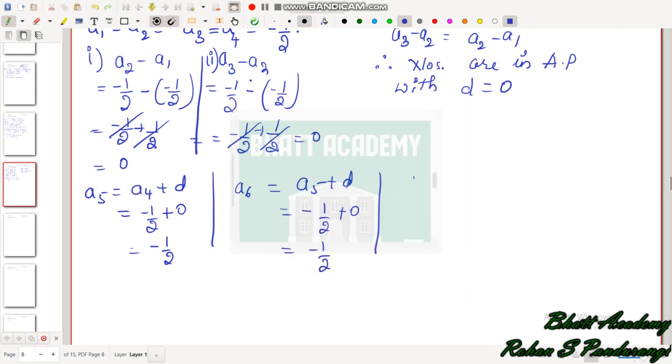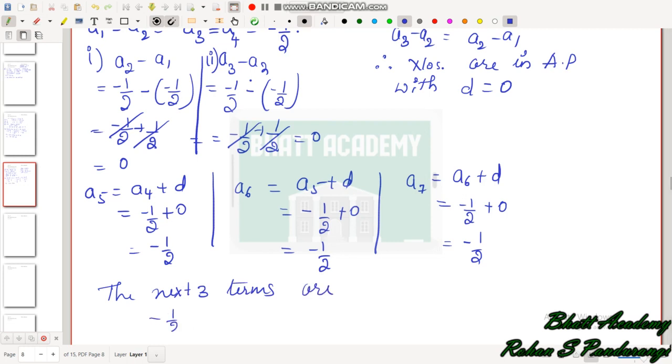And a7 is a6 plus d, that is minus half plus 0, minus half. So the next three terms are minus half, minus half, and final one more minus half.